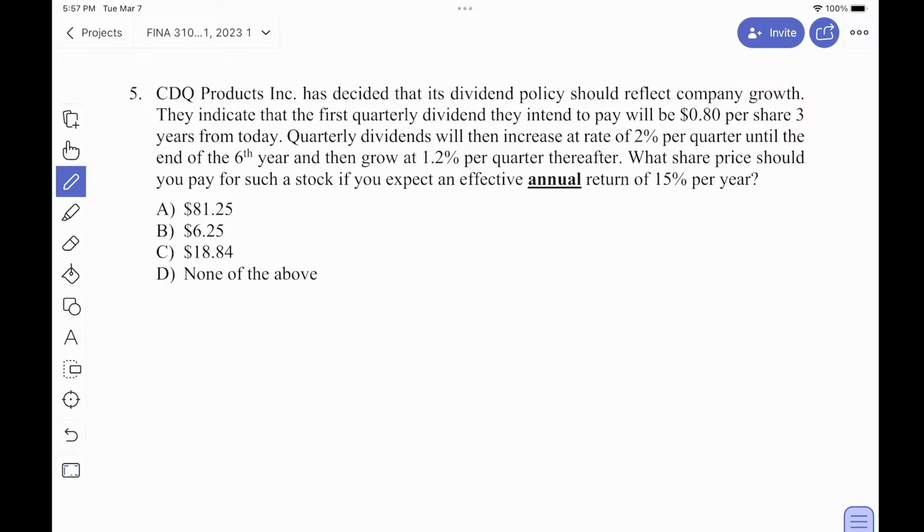Okay, so this is another one with dividends. So we want to value the stock.